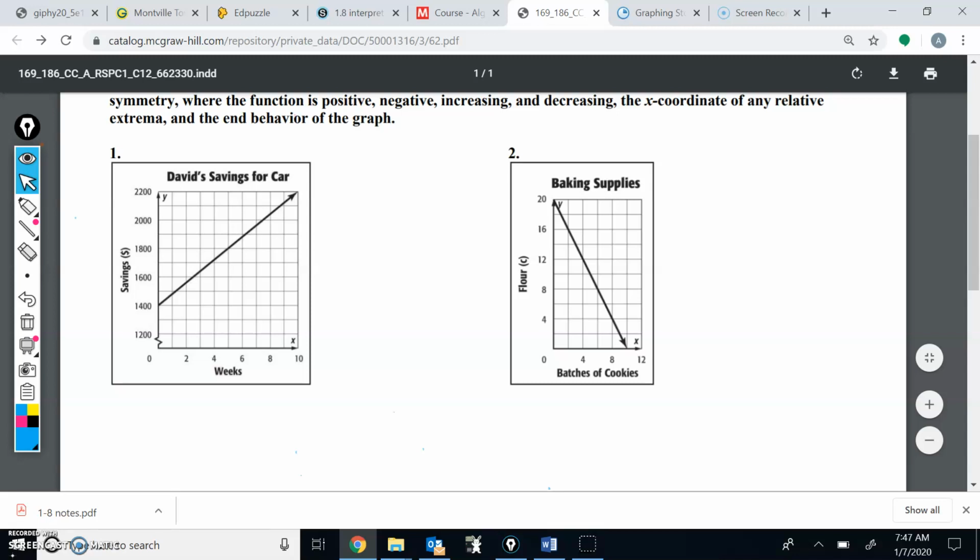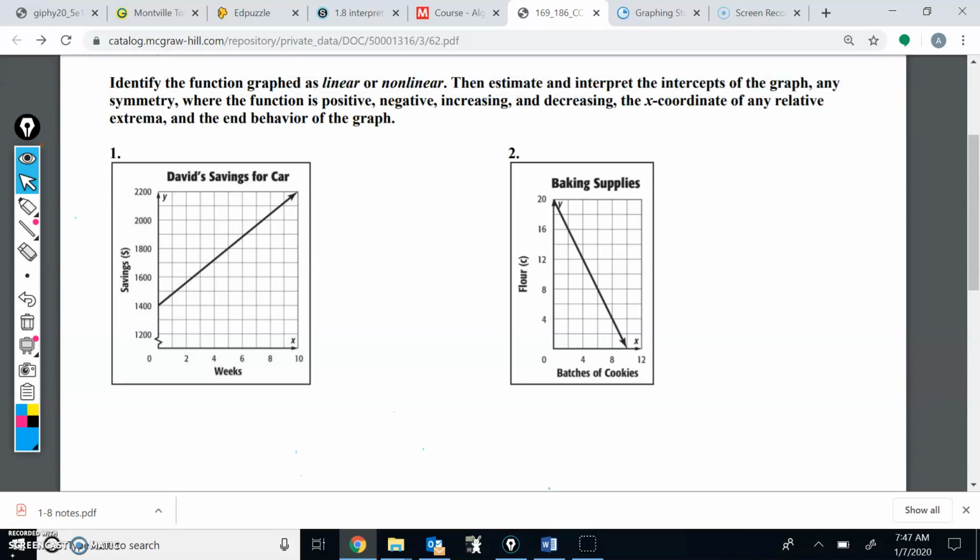At 0 batches of cookies, you need 20 cups of flour. And then it looks like it's decreasing, going down. So we're just previewing the graph before we answer any of the questions. It is linear, does resemble a line.